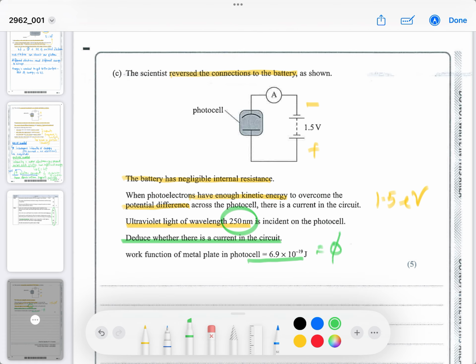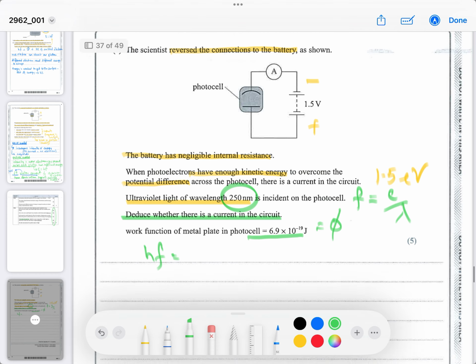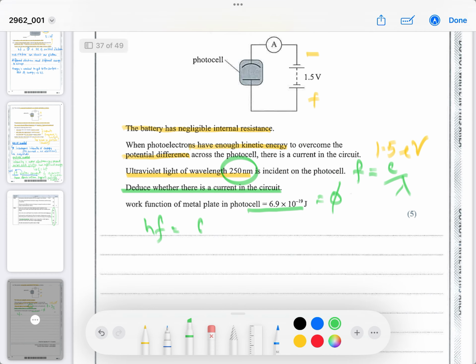Okay, so how do you do this question? You know that hf is the incoming energy, so you can work out the frequency: f equals c over lambda. So hf must equal the minimum amount, the work function, plus the rest, which will be the KE that is left.